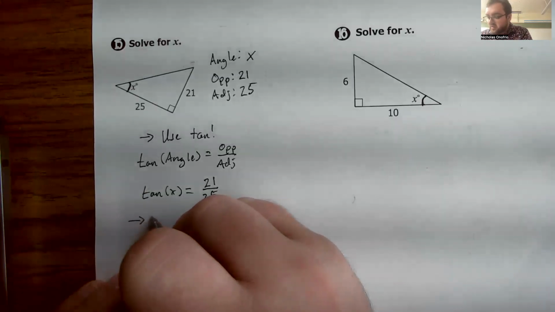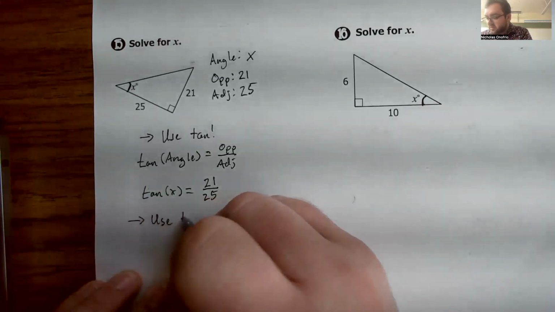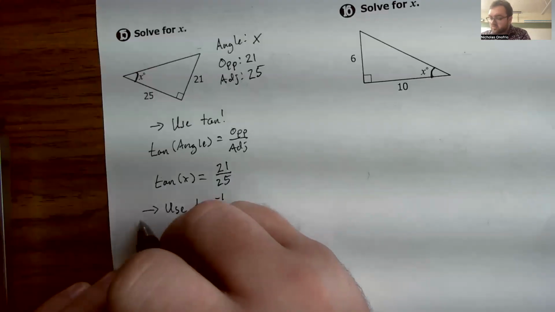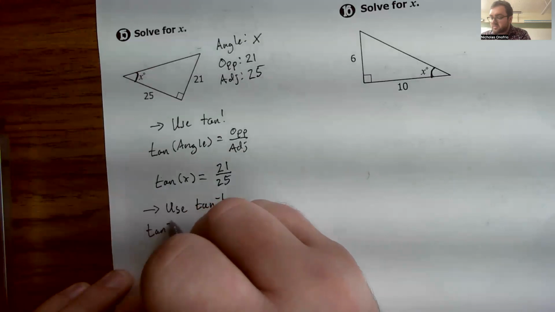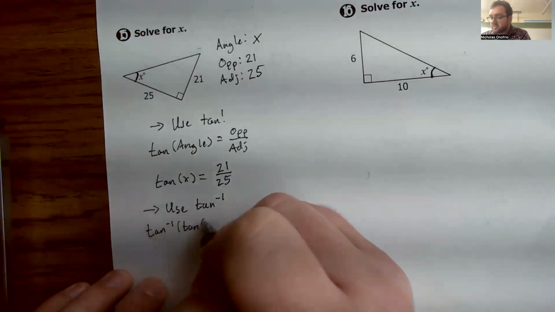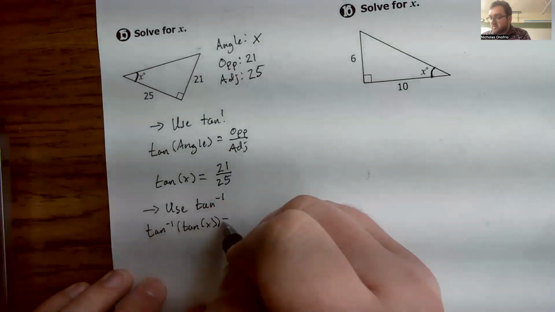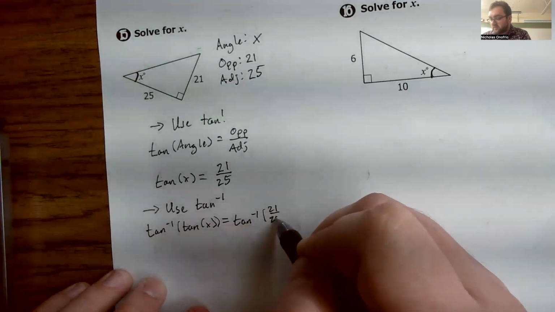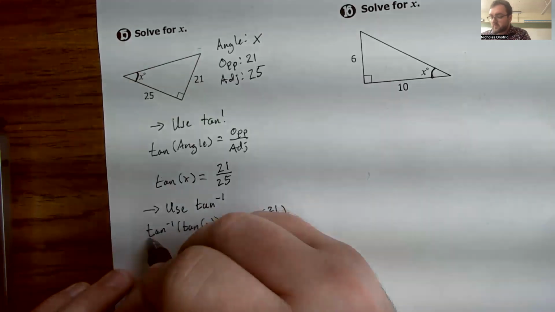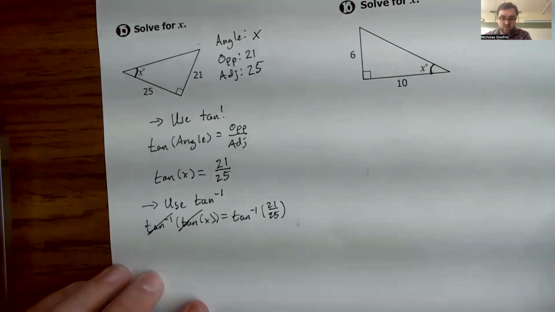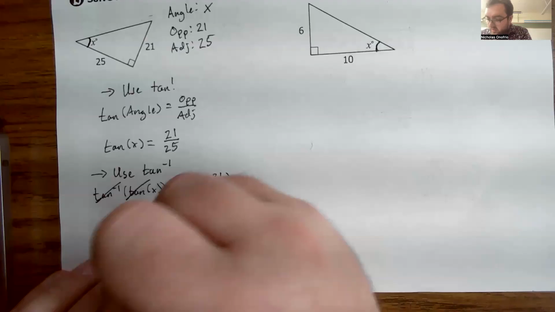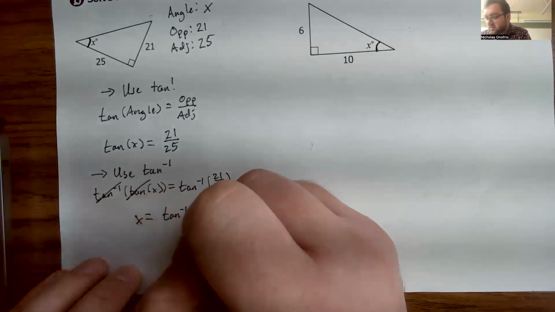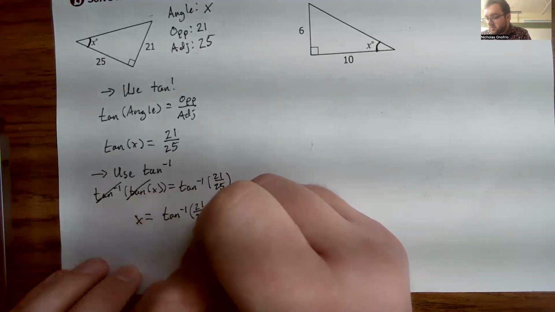To get rid of tan, we can use tan to the negative 1. Tan to the negative 1 of tangent of X equals the inverse tangent of 21 over 25. We have our two pieces cross out. We're going to be left with X equals inverse tan of 21 over 25.